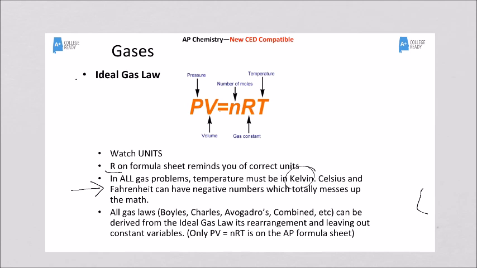Whatever's changing in these individual gas laws, everything else that's not in the individual gas law is held constant. So Boyle's law is just P times V. Moles and temperature are constant. All right, so then if I rearrange this, I can say P times V, divide temperature to the other side, equals N times R.